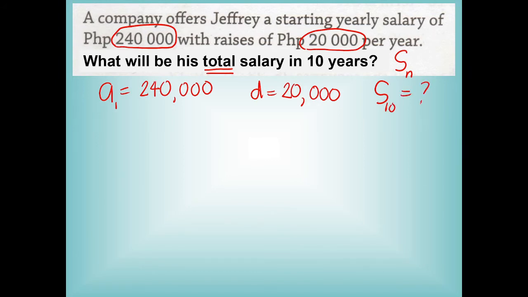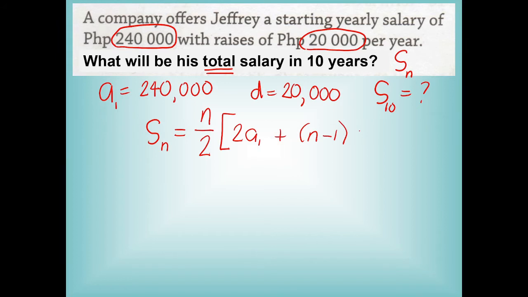Now, here's my question. Are we going to use formula 1 or formula number 2 in this problem? Again, is it formula 1 or formula 2? Formula 2. Let's write formula 2. 2a sub 1 plus n minus 1.